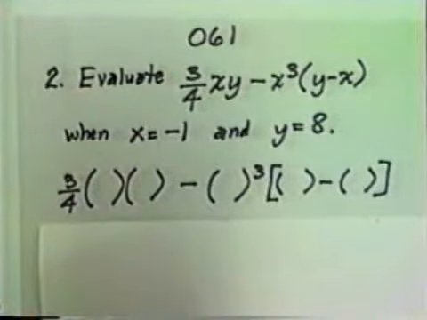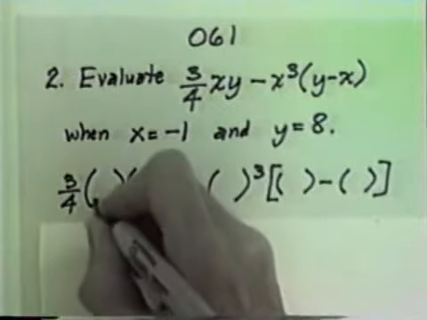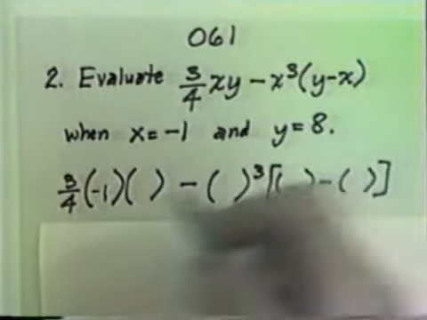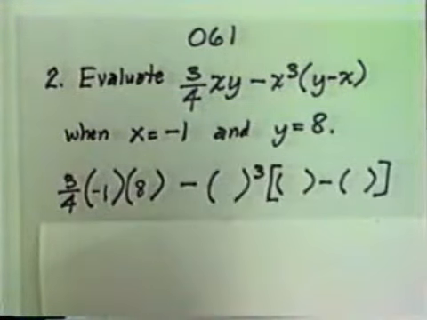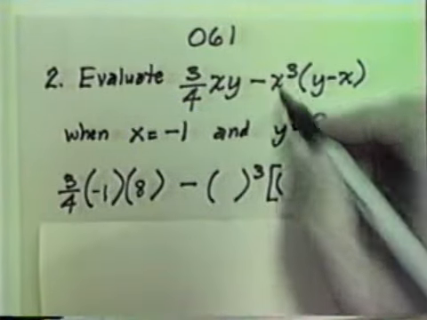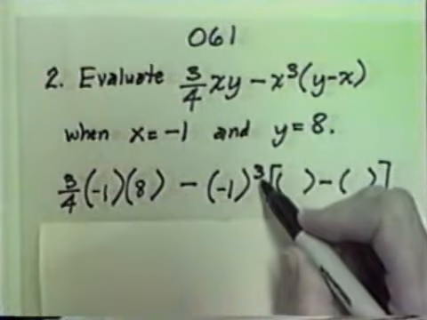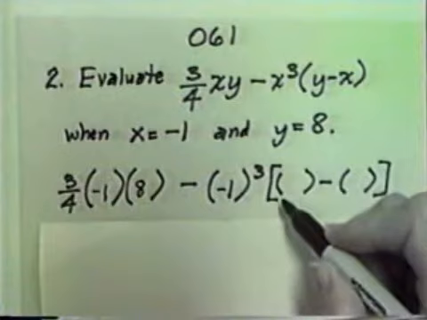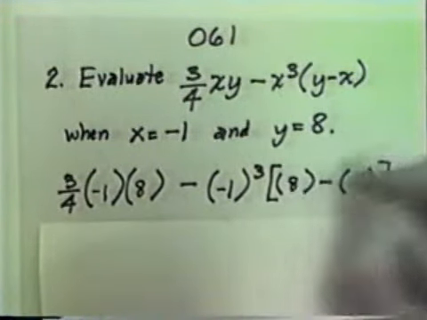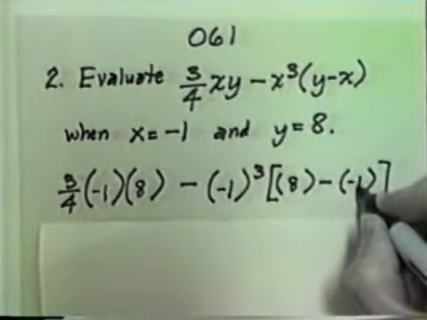So let's fill in the numbers. In place of x, we write -1. In place of y, we write 8. Then the subtraction sign. In place of x, we write -1 with the cube outside the parentheses. And then in the brackets, we write the y, which is 8, subtract the x, which is -1.